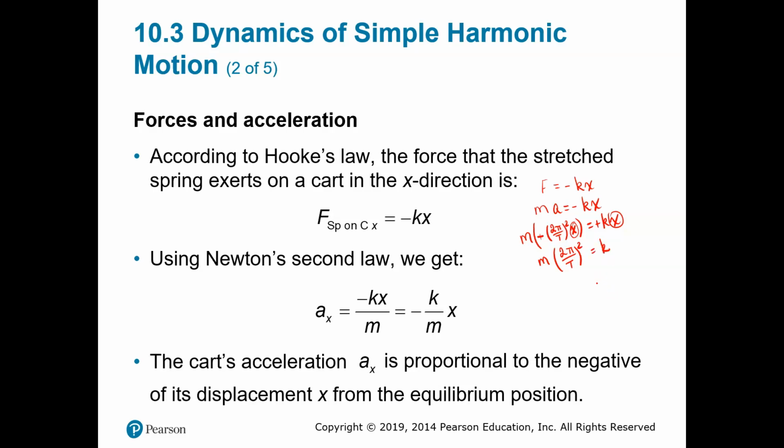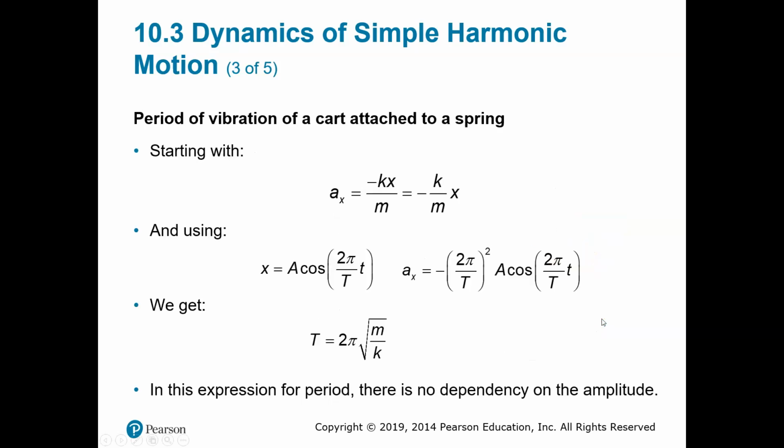So if I want to find an expression for the period, what I could do is recognize that I've got that mass, I divide it by my spring constant k. I'm going to square everything, so 4 pi squared over the period squared, that's going to equal 1. If I divide that k over and I square everything, I'm going to multiply that period squared over.